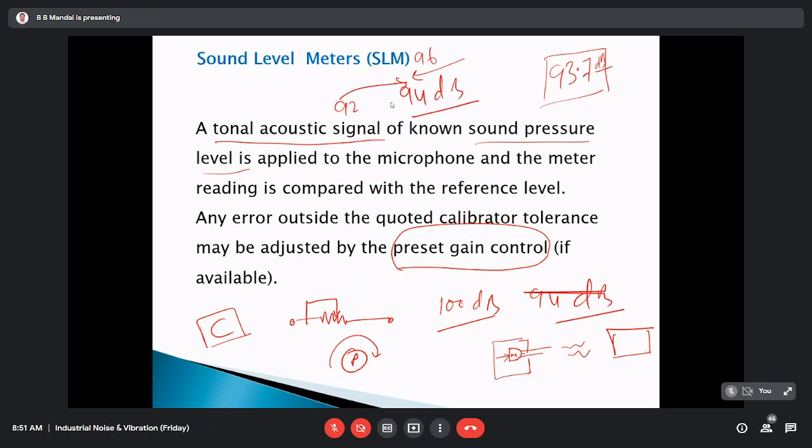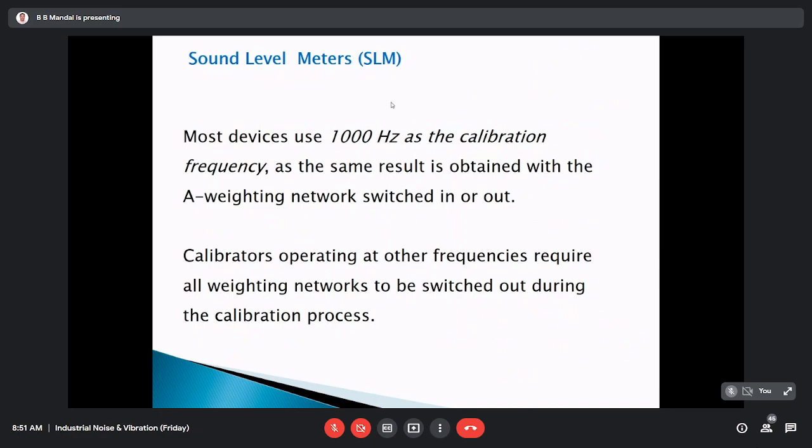Sometimes you have to give an input also. Most of the sound level meter devices nowadays use 1 kilohertz as the calibration frequency.